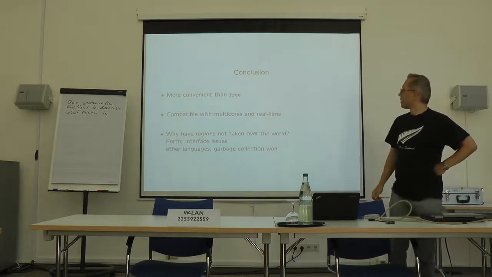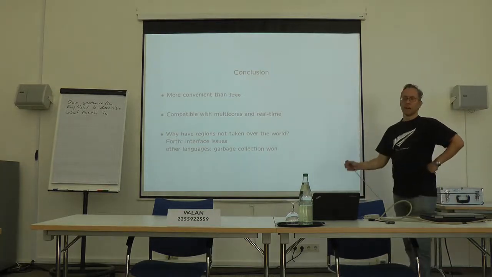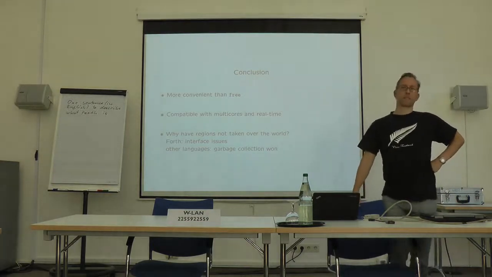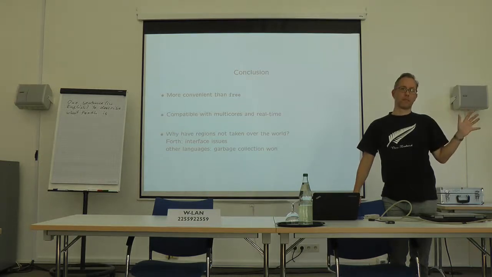And for real time, the question is whether freeing a region is actually real-time compatible, but I think it is at least as compatible as allocate and free. So if allocate and free is okay with real time, so are regions, I think.